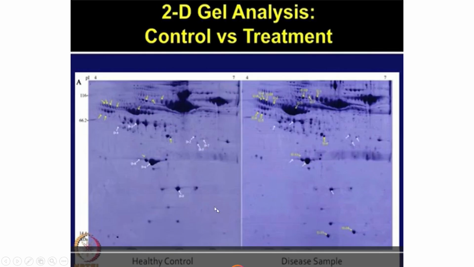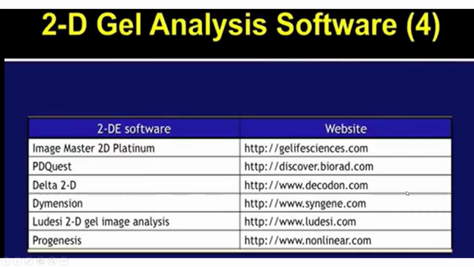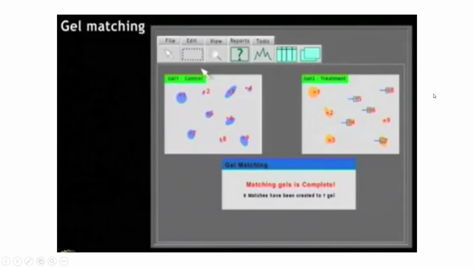Similarly, there are a few proteins present here which are not present in the healthy control but only present in the disease sample. You can study these specific proteins using mass spec and check whether they were the ones actually responsible for the disease. There are different software packages available. These are a few of them, and sir has also provided websites for them if you want to go through them anytime.